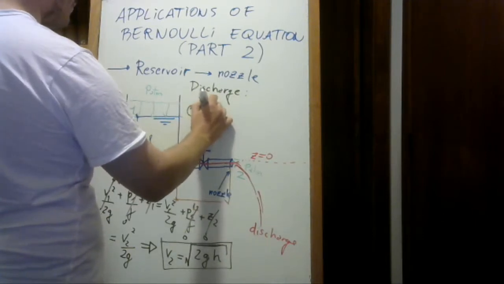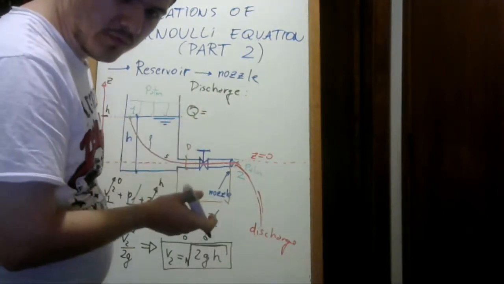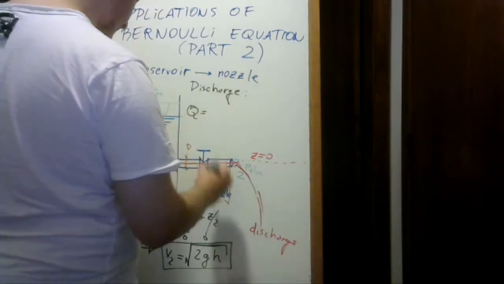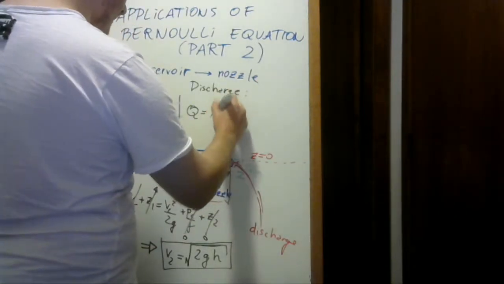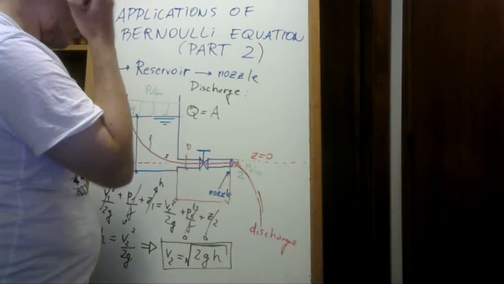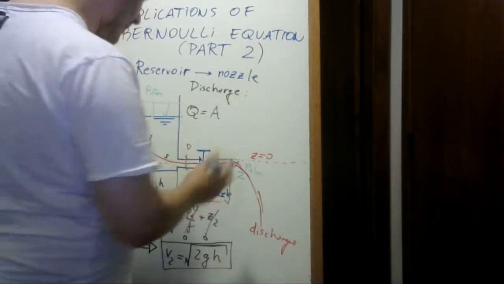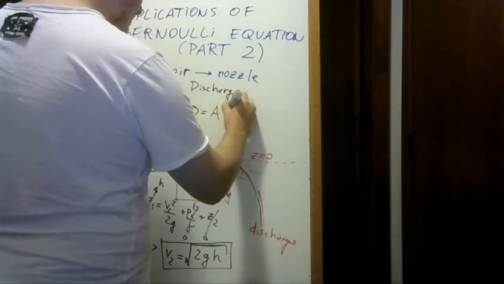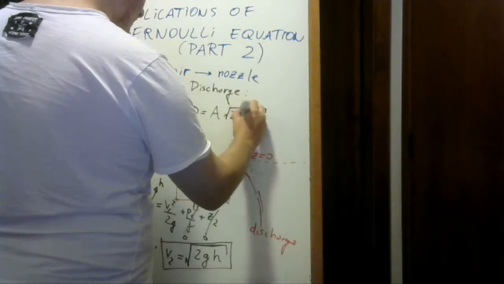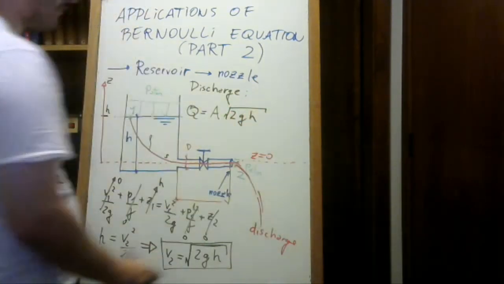Q, which is usually the symbol we use for discharge, is equal to A, the area of the cross section of the pipe, times the velocity, which is the square root of 2gH.